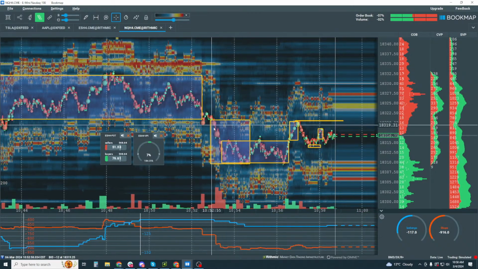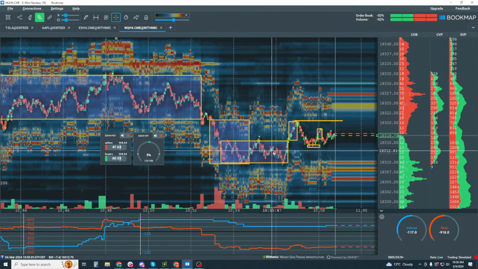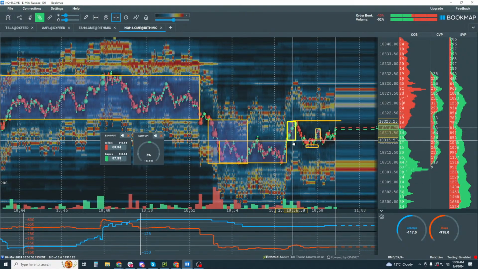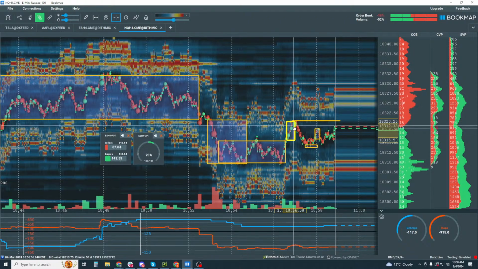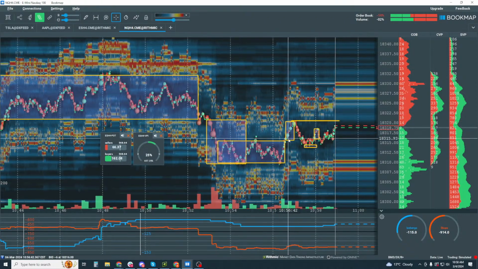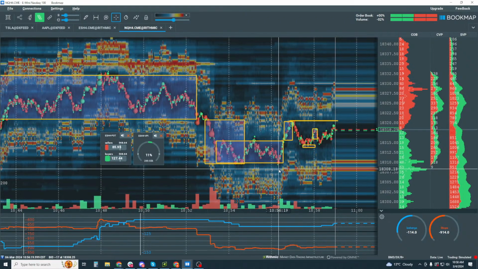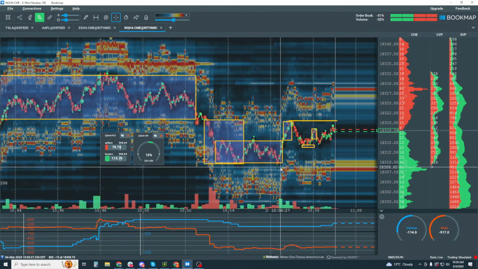We broke down, sellers in control. We had this small range in here that we broke, and we are accepting higher still so far. So we know that there are more buyers in here. Now this is all fractal, so this is why we're looking for the move back to 320. Hope that makes sense.